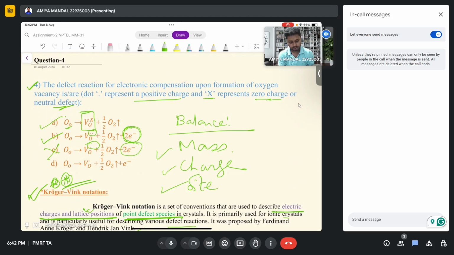So charge is not balanced here. Similarly, in case D, charge is balanced, site is also balanced, mass is also balanced. So A, B and D are correct, C is not correct. Okay.